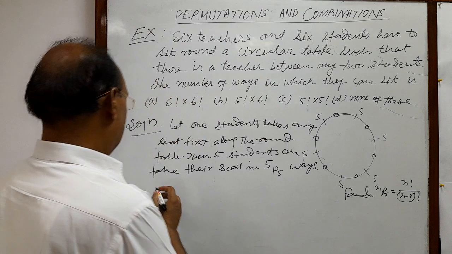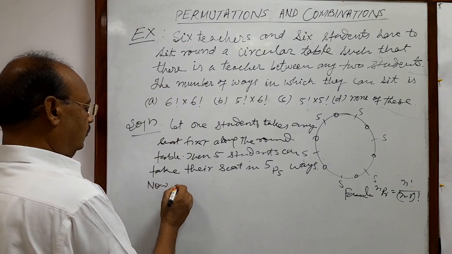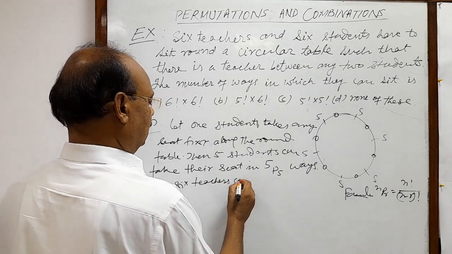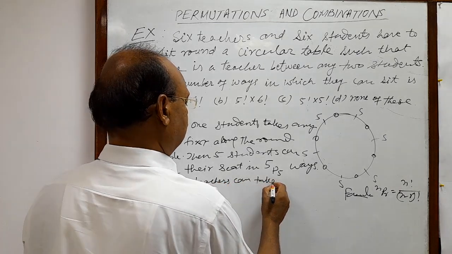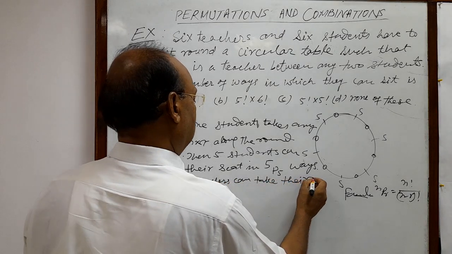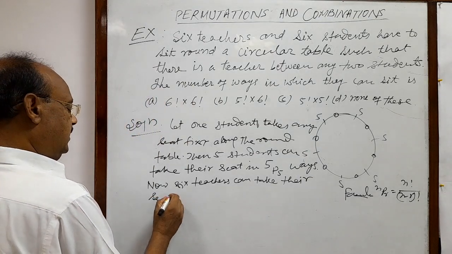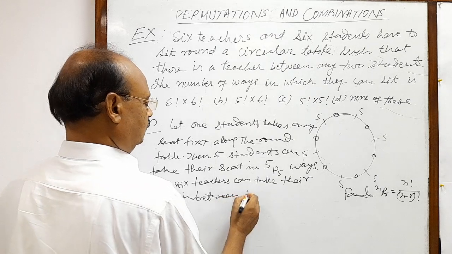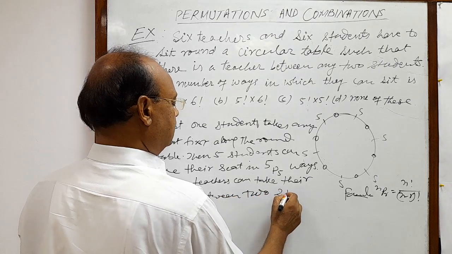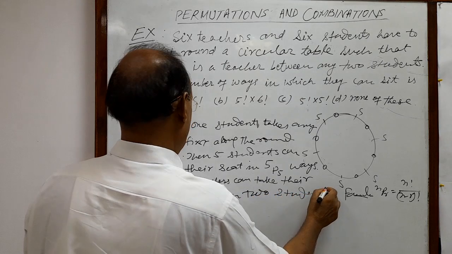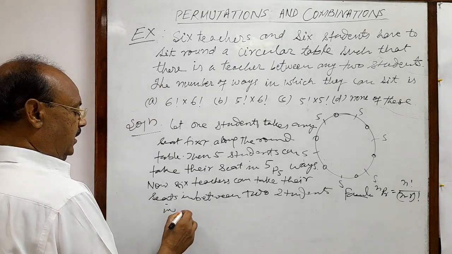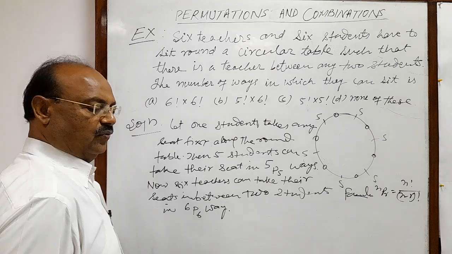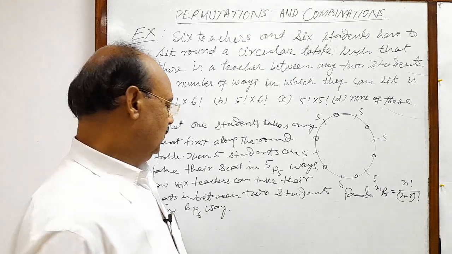Okay, now 6 teachers can take their seats in between 2 students in how many ways? In 6p6 ways. Correct? Understood?